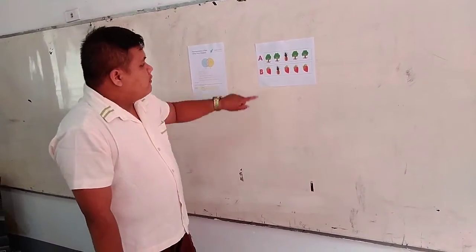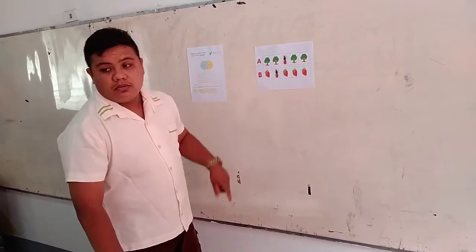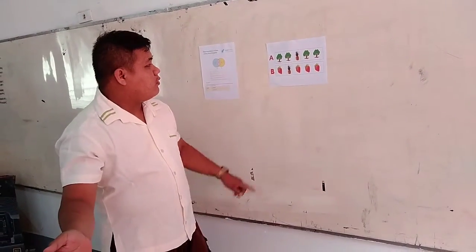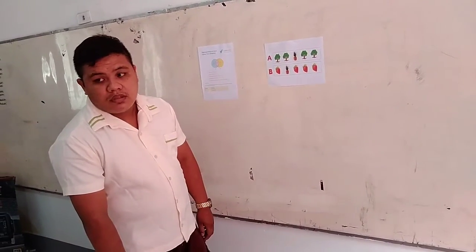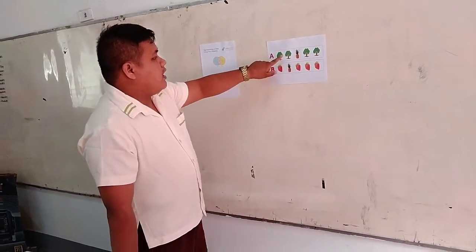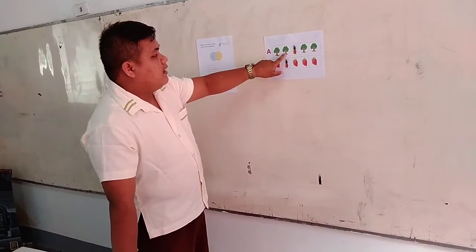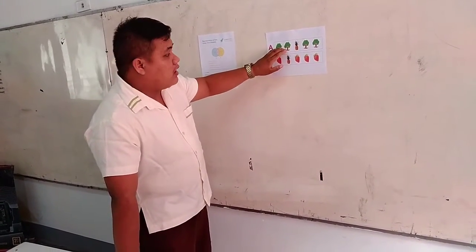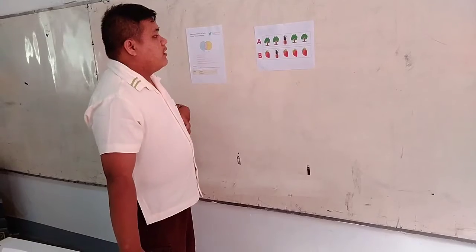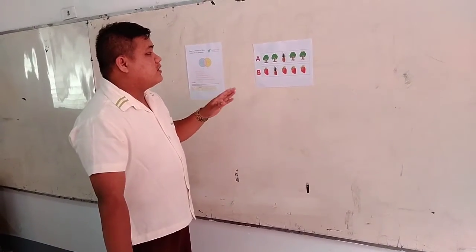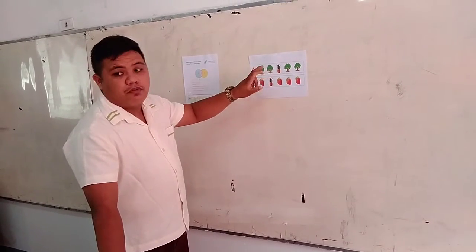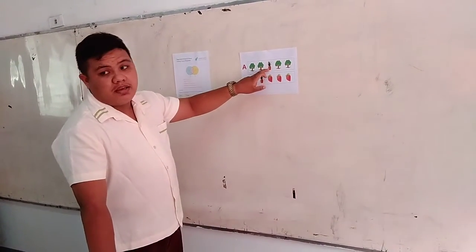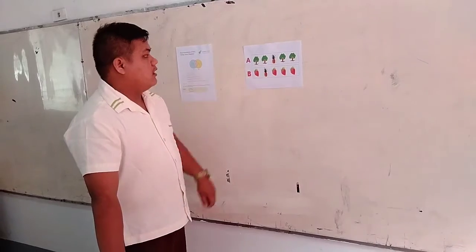Now, from here, what did you see on picture A? Very good. All of the elements in picture A are trees, except for one, and that one is the pineapple.